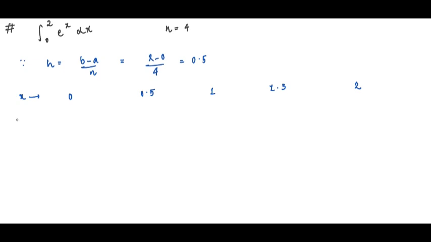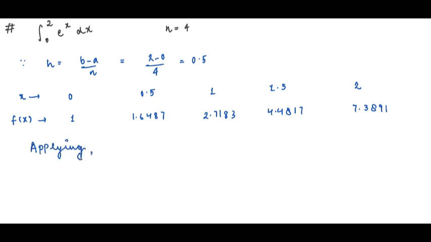And the f(x) values are 1, 1.6487, then 2.7183, then 4.4817, and hence 7.3891. Now applying the formula, the integral is approximately h/2 times [f0 plus twice of (f1 plus f2 plus f3) plus f4].